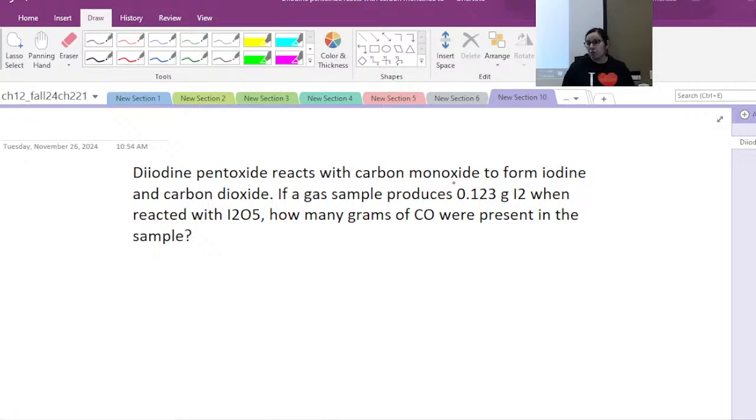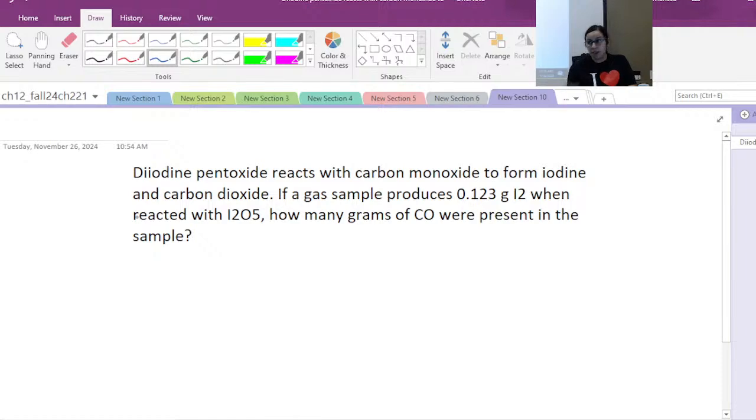Yeah, we're assuming complete reaction. So let's see, do we have a balanced equation? And so let me just write out everything first, right?